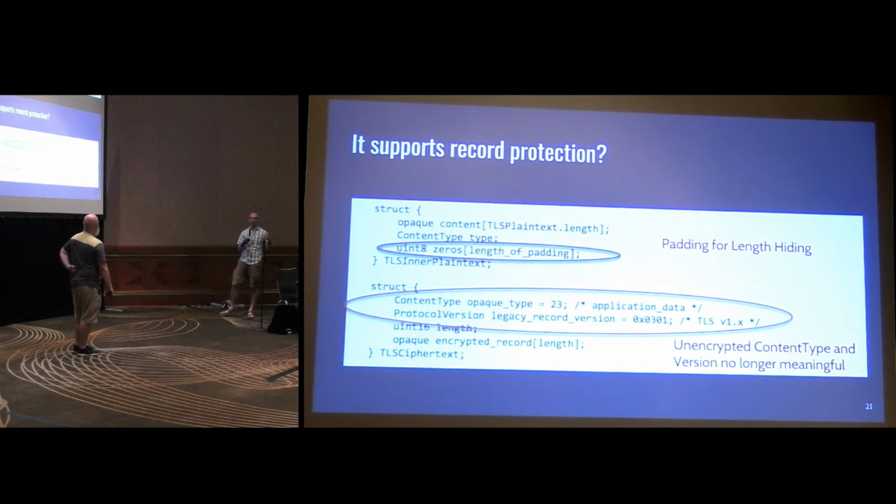And in 1.3, we've decided that, hey, this information should be encrypted, should be hidden from view. And so that type of information is now in the encrypted part of the packet. There still is a sort of dummy header in order to make it easier to transition, so that middle boxes that require that header to be there will still see something.